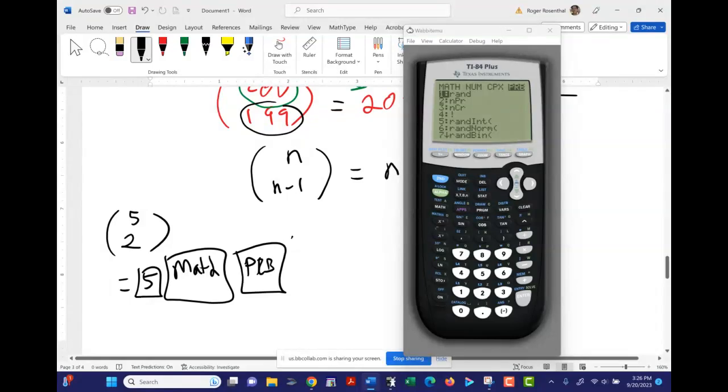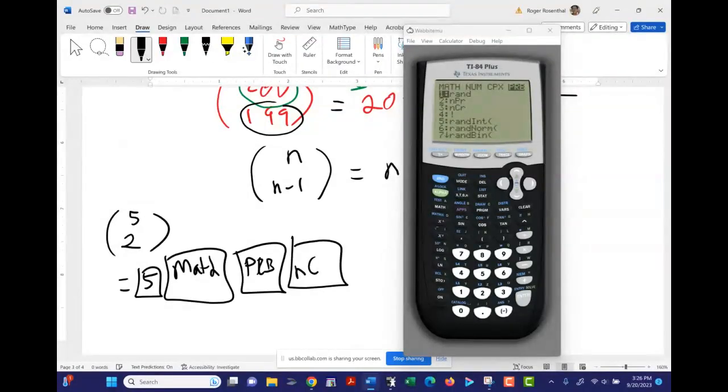After you do the probability, you will go to the nCr option, which is option 3 in this case. Then you will have to enter the 2 on your calculator. And then you'll press enter. And that gives you 5 choose 2. And of course, you can do any of these that way. So that's how you do that on the calculator.